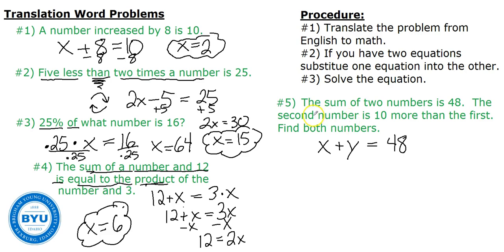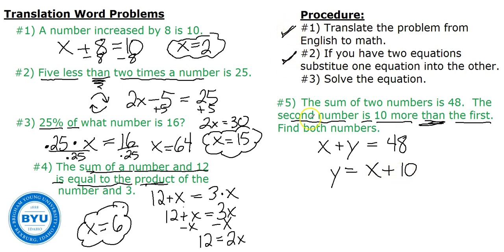They then tell us that the second number, now the second number is y, is, that means equals, 10 more than the first. Ooh, the word than. So I'm going to write this first. So the first letter was x, and more means addition. So x plus 10. So notice we have two equations. We've got x plus y equals 48, and y equals x plus 10.